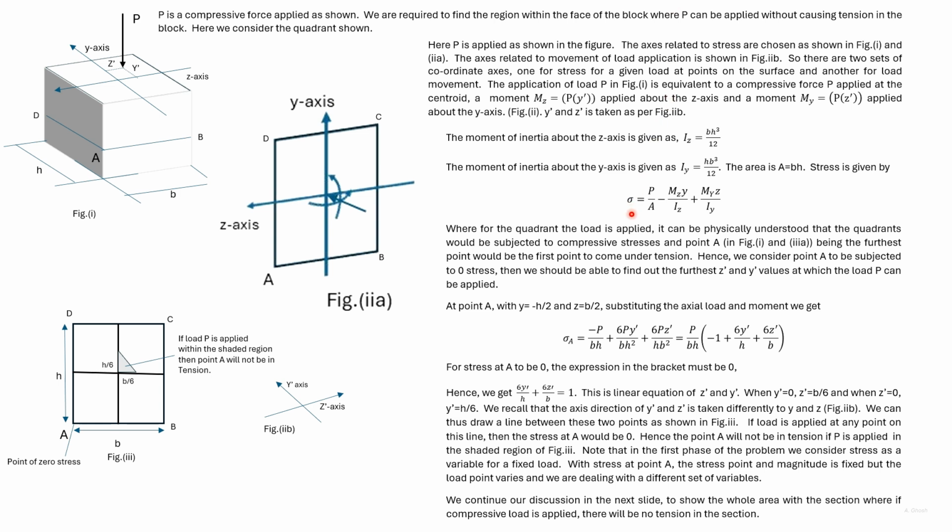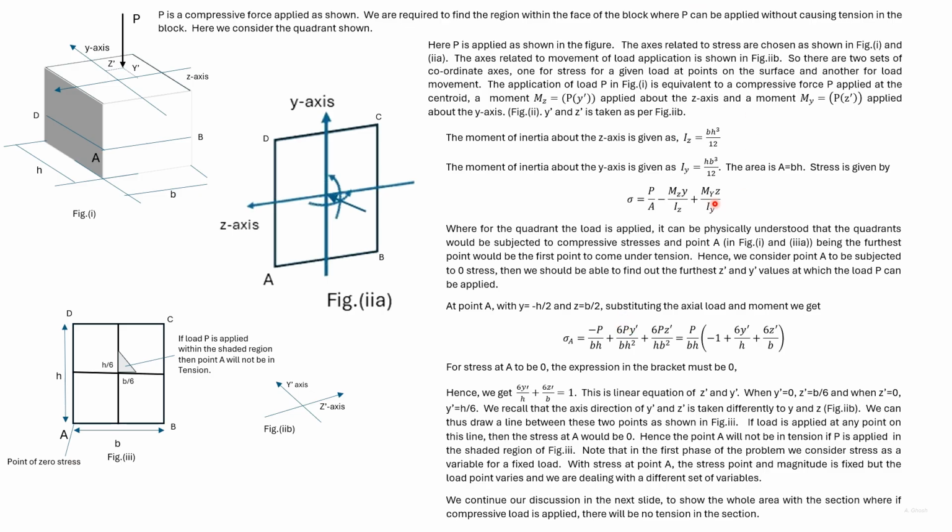So we substitute appropriate values in this equation to get the stress at A. The load is minus P, the area is b h here. Mz is P y dash and Iz is b h cubed by 12, with y equal to minus h by 2, from which we get this value. Because there's a minus here and y is also given as minus h by 2, this value is positive.